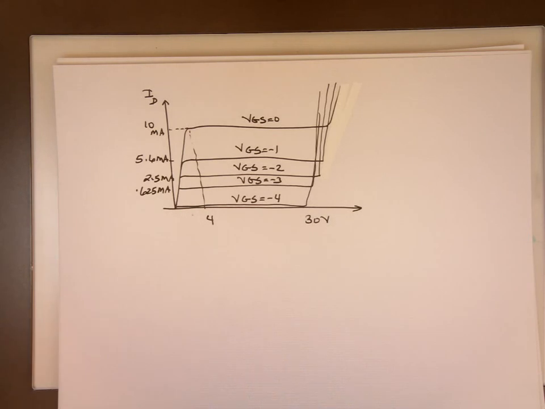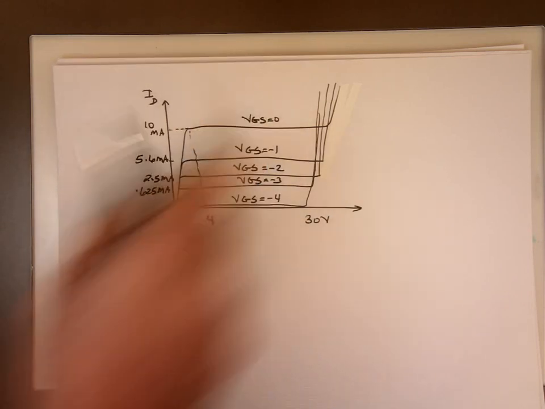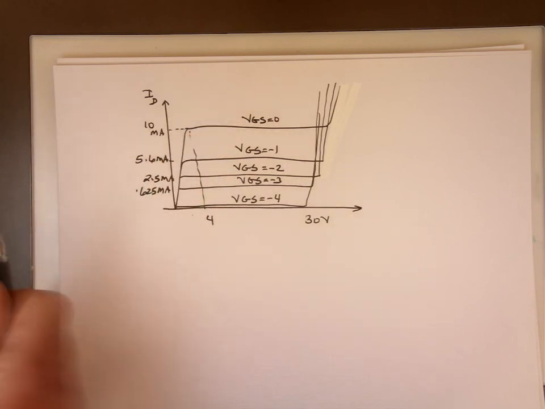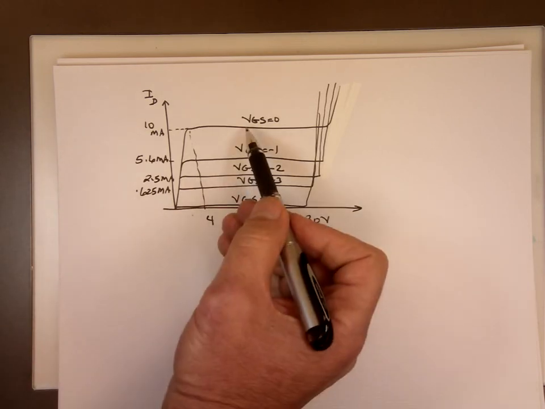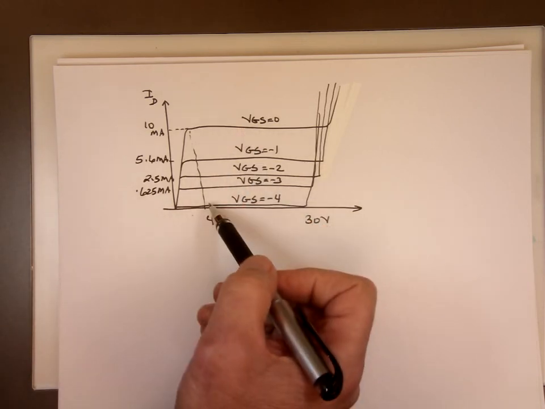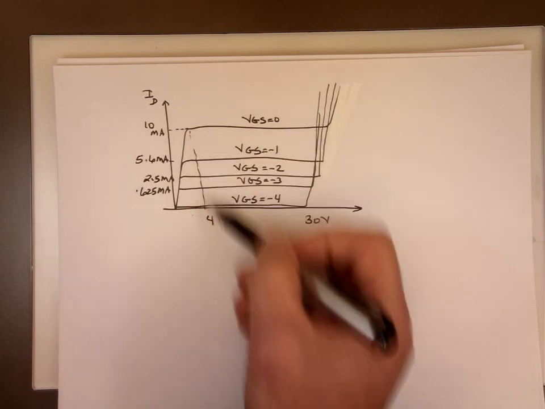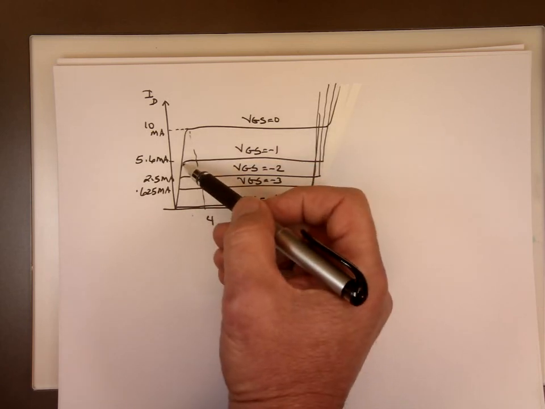So the top layer here, this is when VGS equals 0. This is when the gate to source is shorted. This is when the pinch-off voltage is 4 volts. So if you look at the ohmic region, any one of these, we can treat that section here as a resistor of value roughly 400 ohms.